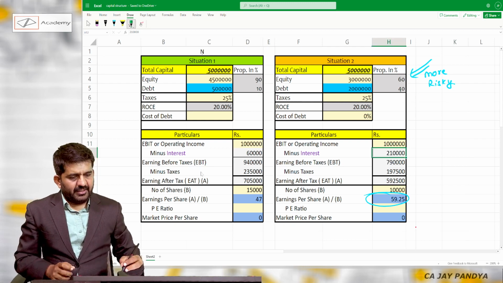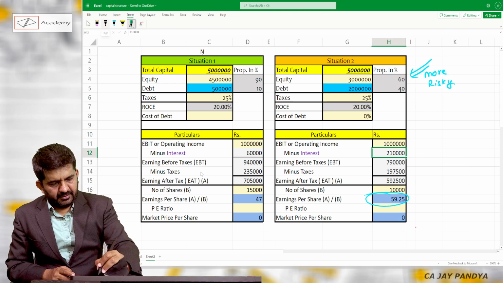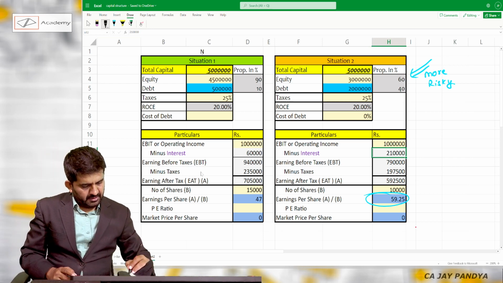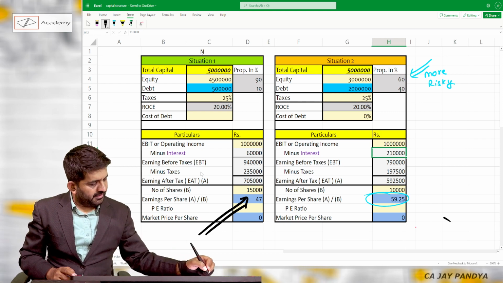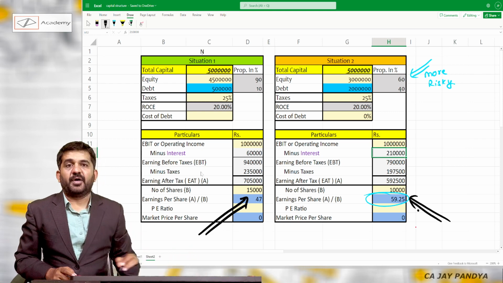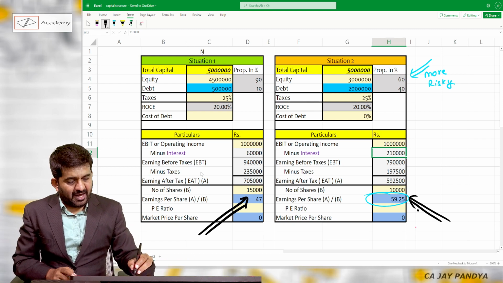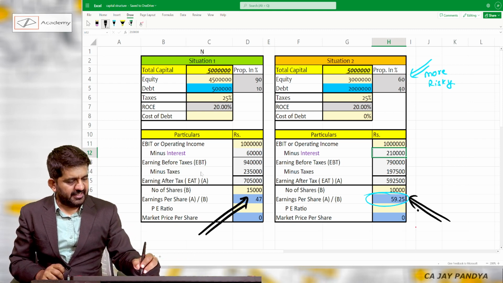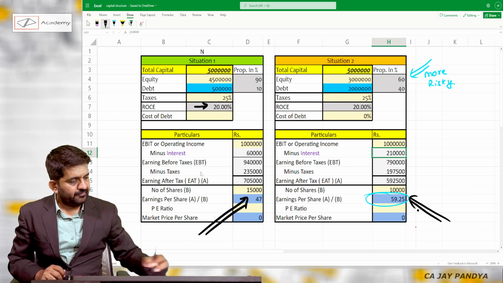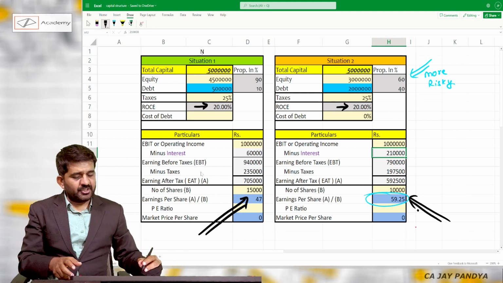So you can see in option number 1, my EPS is 47. In option number 2, my EPS is 59.25. Sir, what is my R? Not asked in the question, but as I put the data in this Excel sheet, I have got this R. R is 20%.